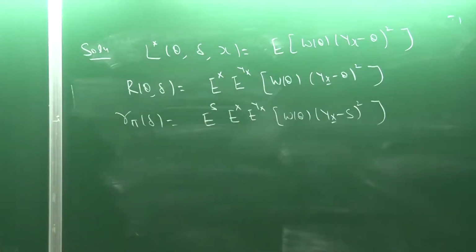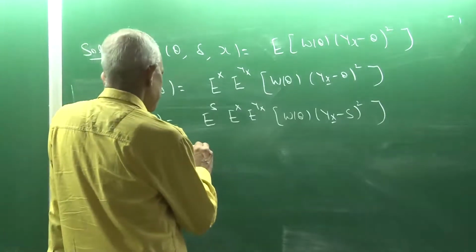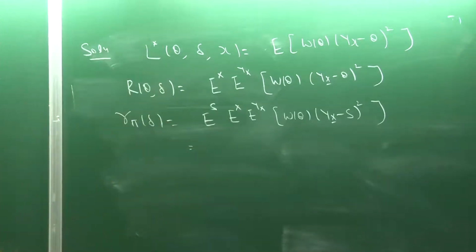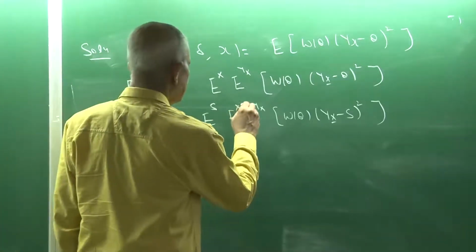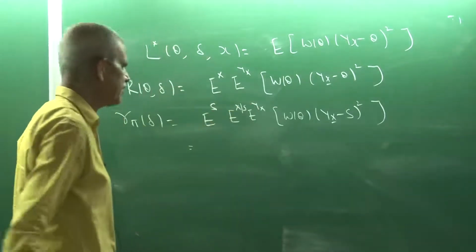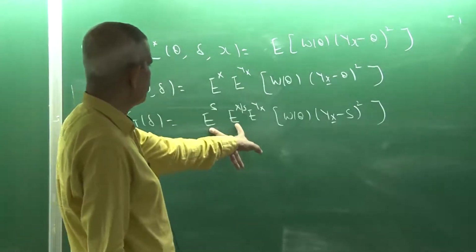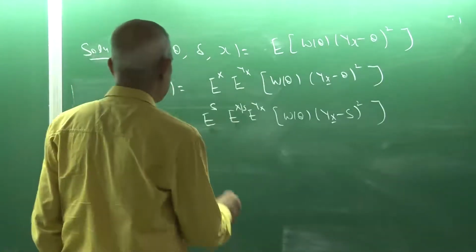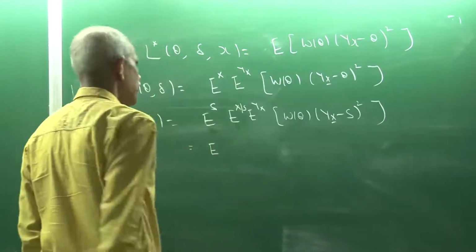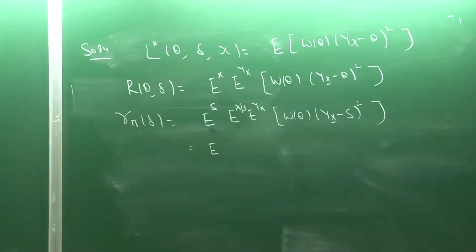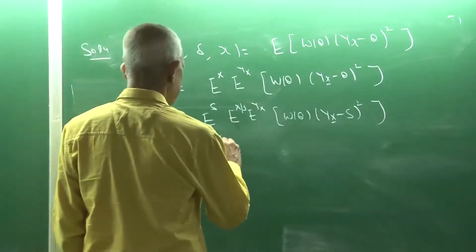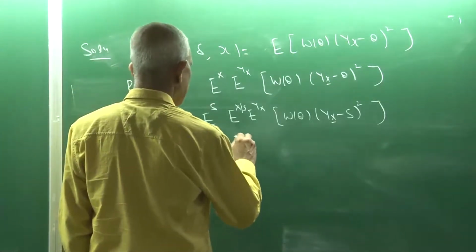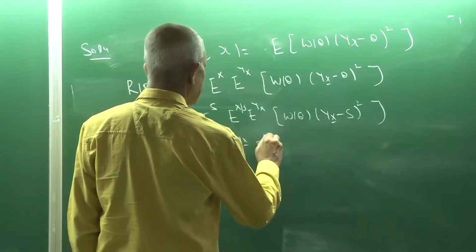Is that okay? So as we did in the case of squared error loss function, we need to just interchange certain integrals. So what I do is, now when I do this, this is with respect to the joint distribution of x and S. This can be written as E of x, E of Y x, and E of S given x, right?